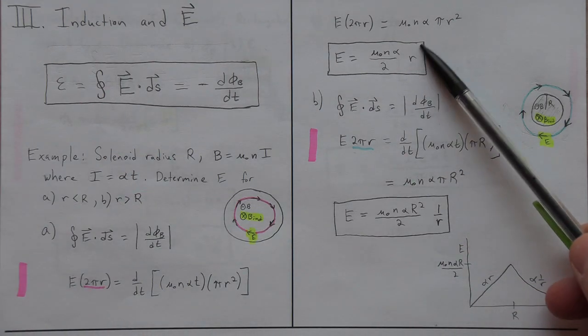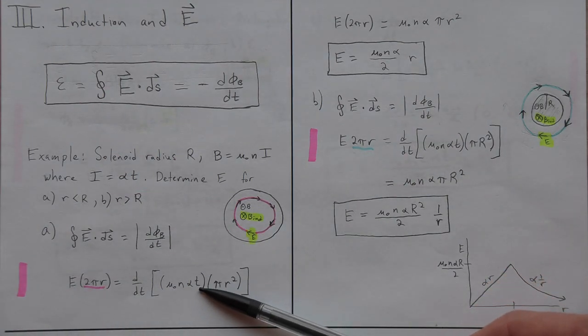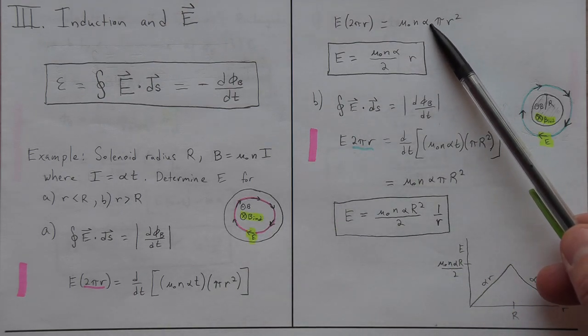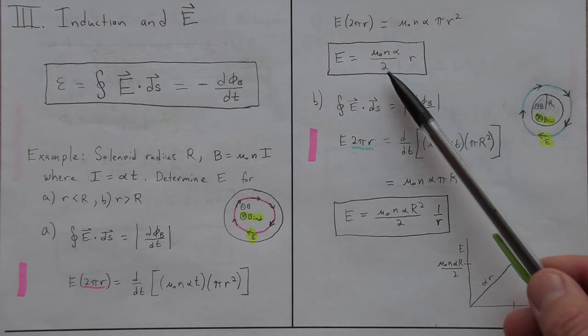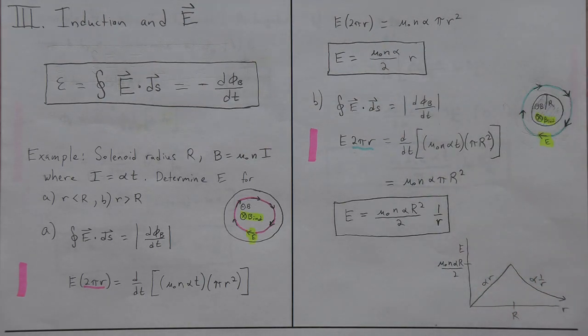And so you see here we have the same variables with t to the 1, derivative of that is just 1. And so I rewrite this by dividing by 2 pi r, and I have constants here times r. So you see that the electric field is 0 in the middle, and then it gets bigger the further you get out. There's an r dependence inside the solenoid.